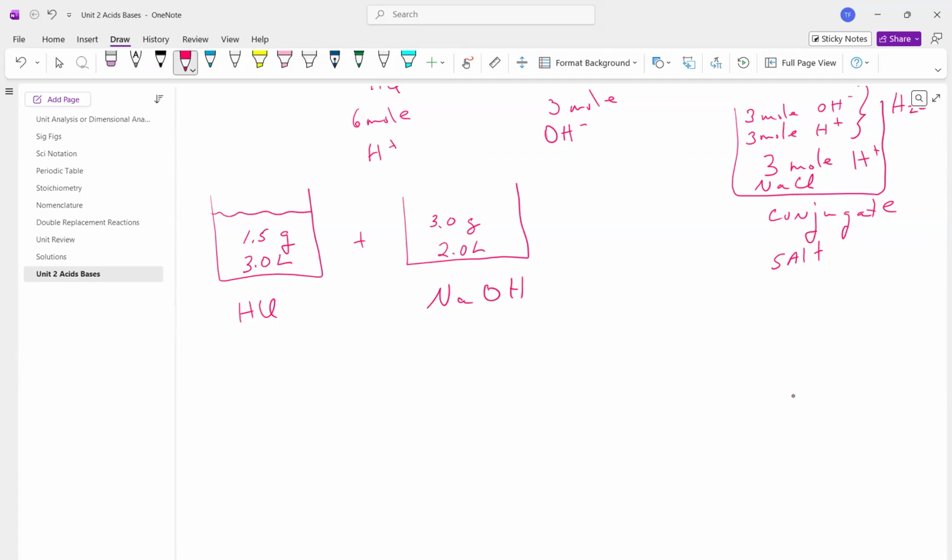Okay, so we've got this, and I want to know what the pH is. So we're going to dump them together. We've got to convert the grams to moles.